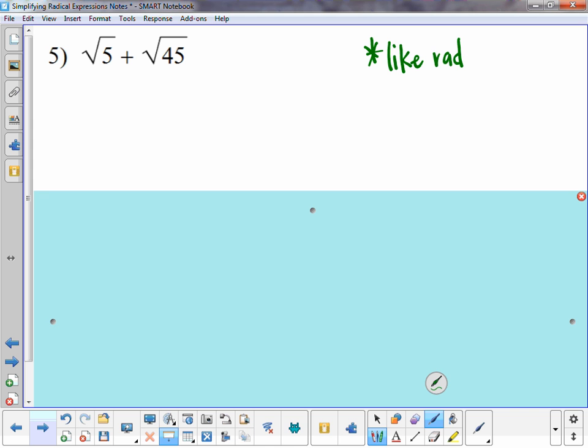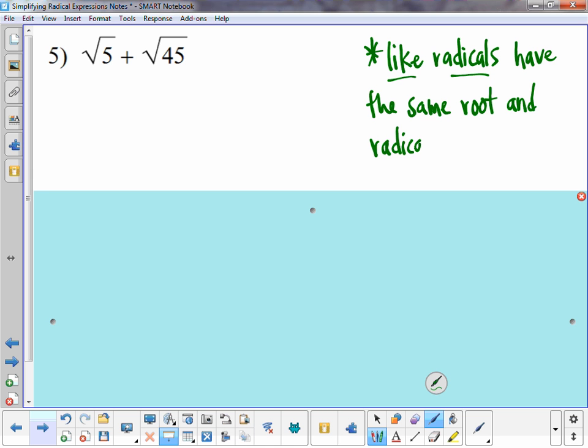Like radicals, so instead of like terms, let's talk about like radicals: they have the same root and radicand.